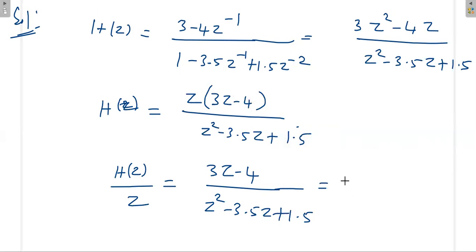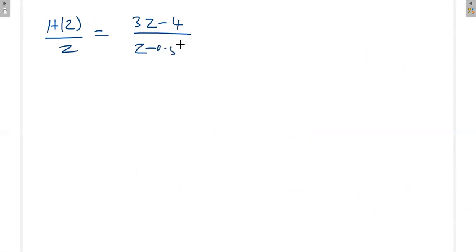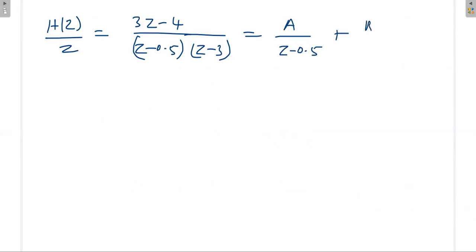What is the factor? (3z minus 4) divided by (z minus 0.5) into (z minus 3). Now apply the partial fraction. So H of z divided by z equals (3z minus 4) divided by (z minus 0.5)(z minus 3), which is A by (z minus 0.5) plus B by (z minus 3).